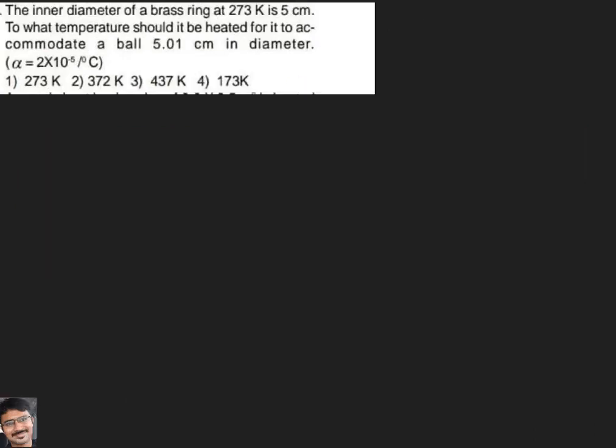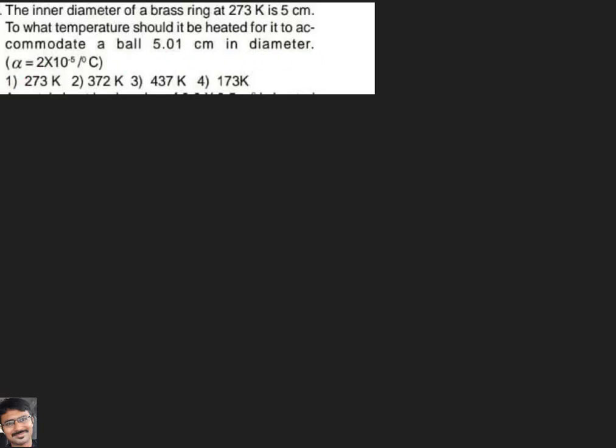Similar model sum we will see here related to diameter. The inner diameter of a brass ring at 273 Kelvin is 5 centimeter. To what temperature should it be heated for it to accommodate a ball of 5.01 centimeter in diameter?